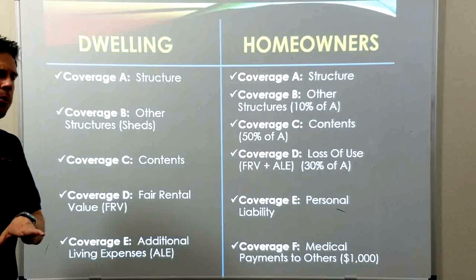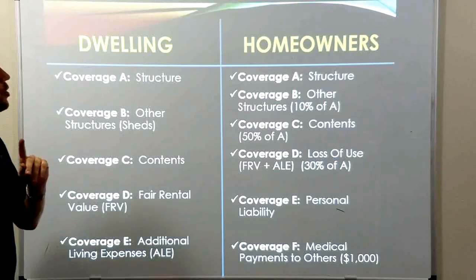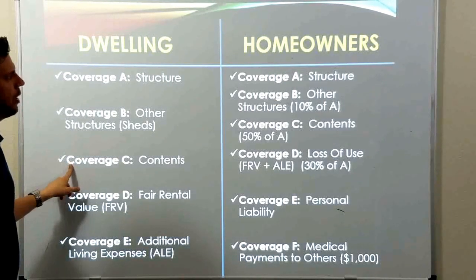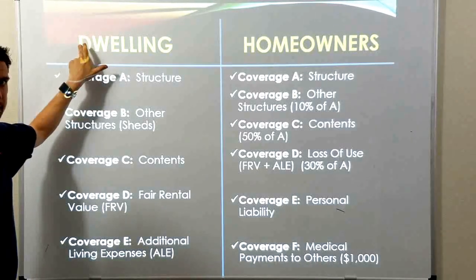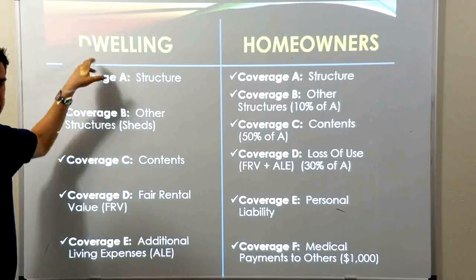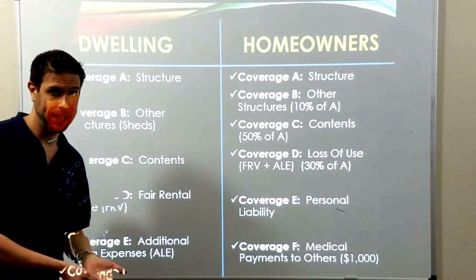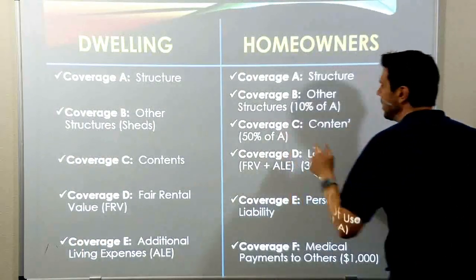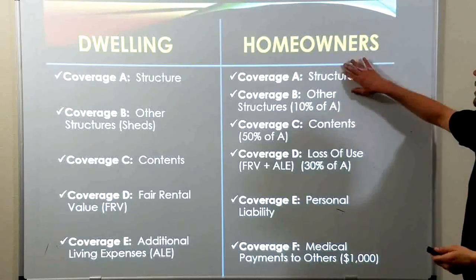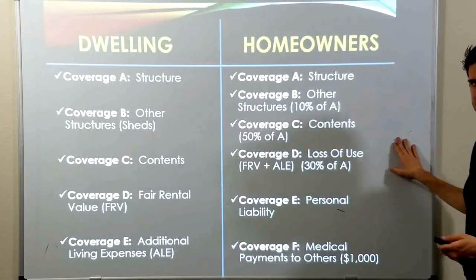So I have a few questions. What percentage is coverage C of coverage A of a dwelling policy? And the answer is 0, because dwelling, you don't have to have minimum standards. But if I said what percentage is coverage C of coverage A of a homeowner's policy, that would be 50%.